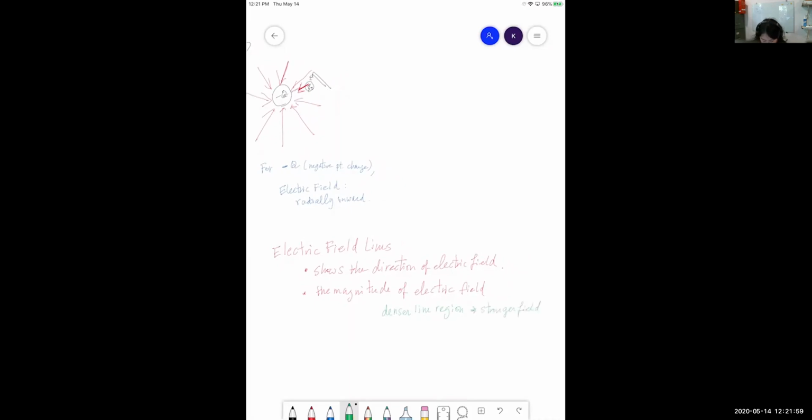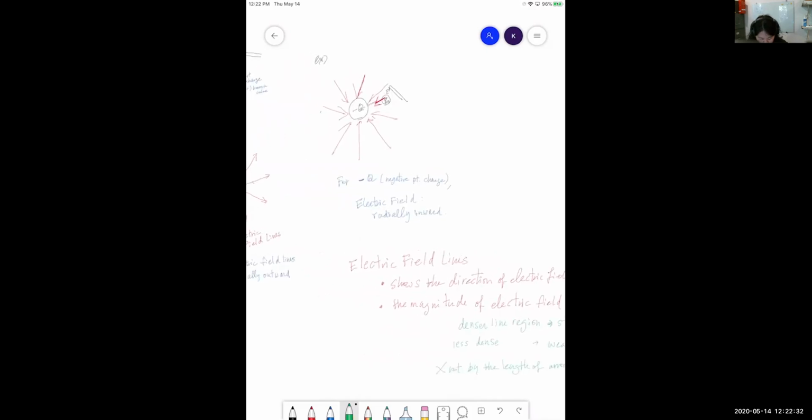So less dense means weaker. Not by the length of arrows. Okay.